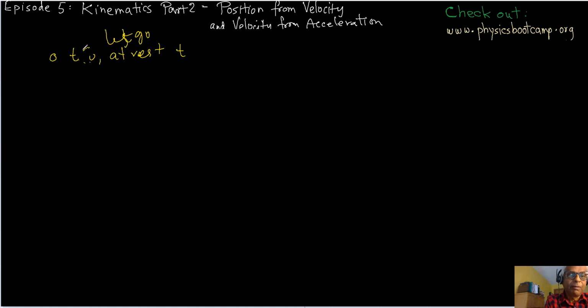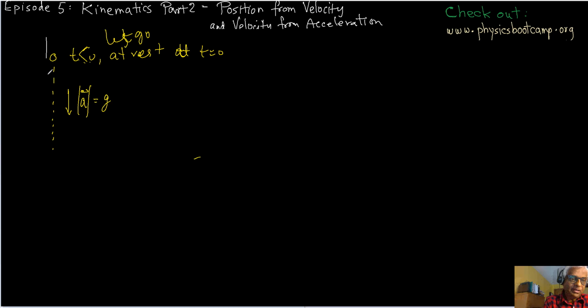So nobody's touching it at t equal to 0. The ball is going to fall and the acceleration is pointed in this direction, and the magnitude is just g, right?